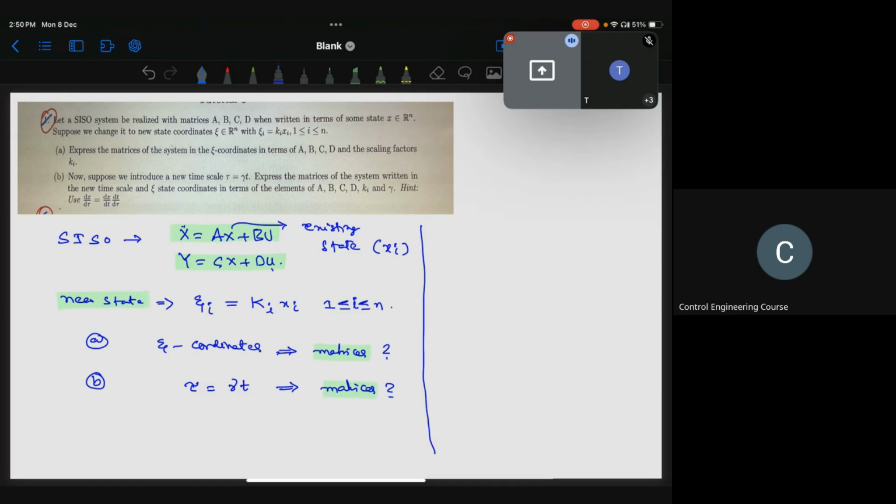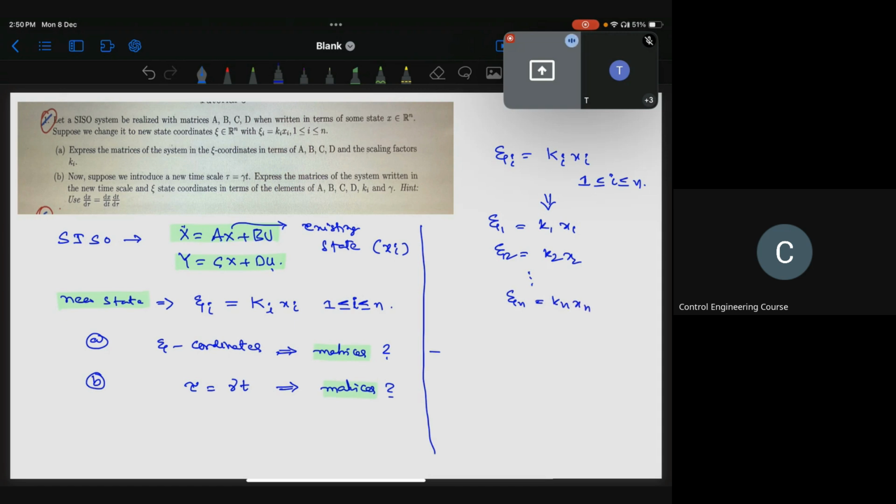Now we have the equation zeta i equals ki xi, where i varies from 1 to n. That means zeta 1 equals k1 x1, zeta 2 equals k2 x2, and so on, up to zeta n equals kn xn.